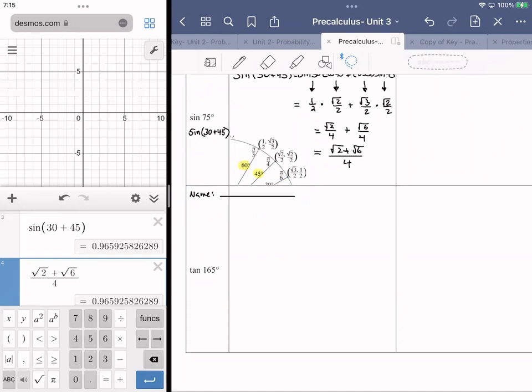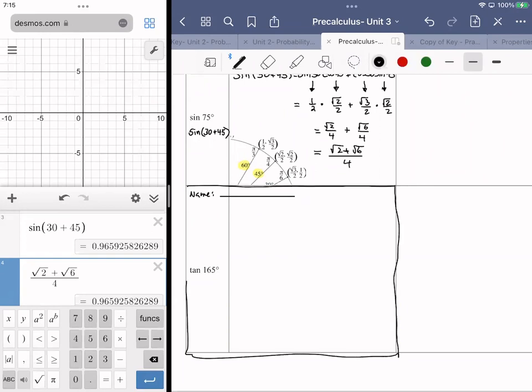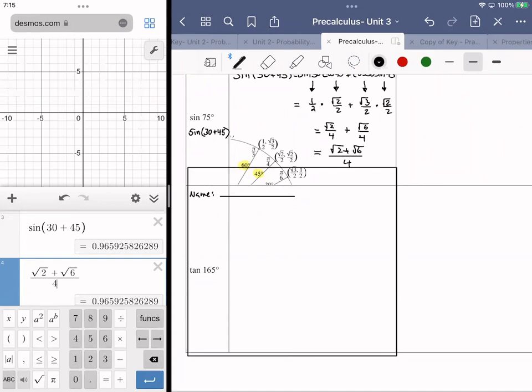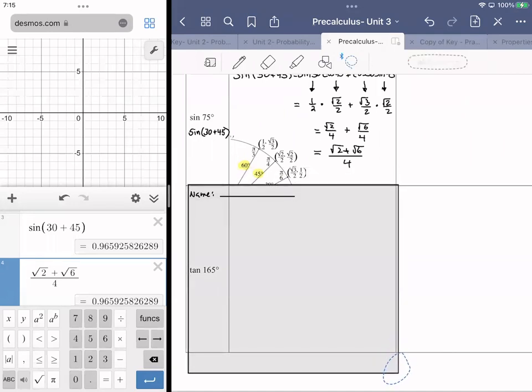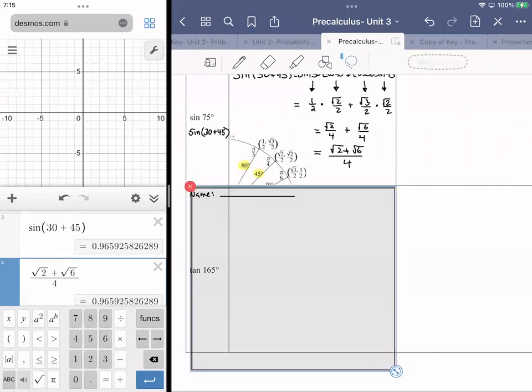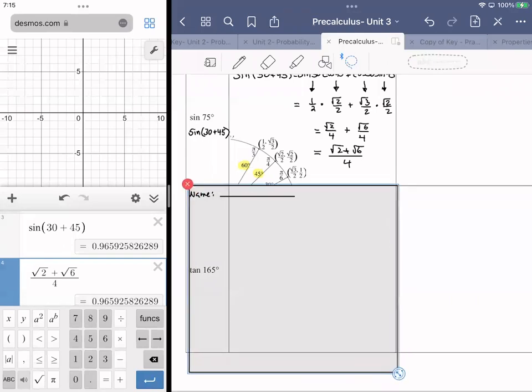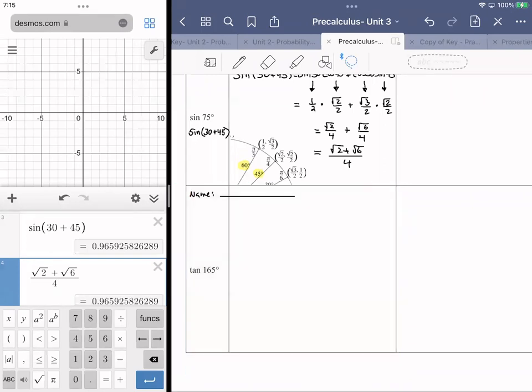And then everything else that I put in this box here is what you're going to submit. Well, that didn't work out. I think I just have to live with it, and that's just how it's going to be. All right, well, you get the idea.